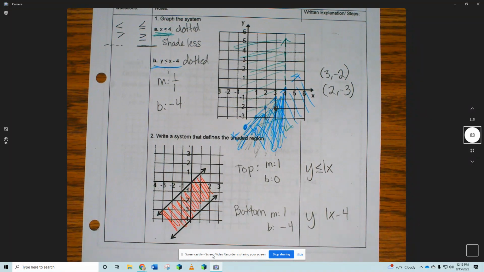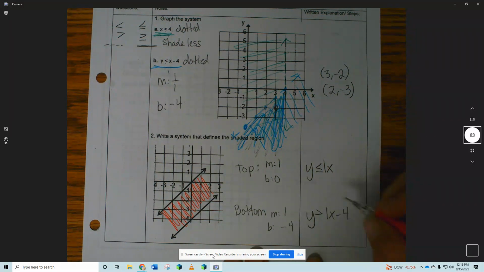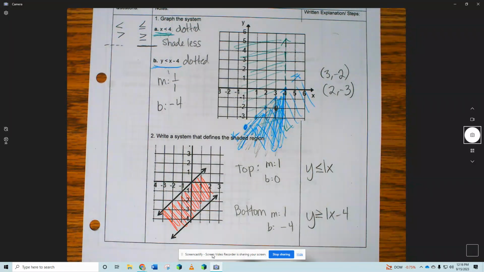Is my shading, this is the line, x minus 4. Is the shading less than or is the shading greater than? Where's the shading on this line? Greater than the line? Yes. So that means it's above it and it's a solid line. So for sure it's going to be greater than, and it has the line underneath it because it's a solid line.